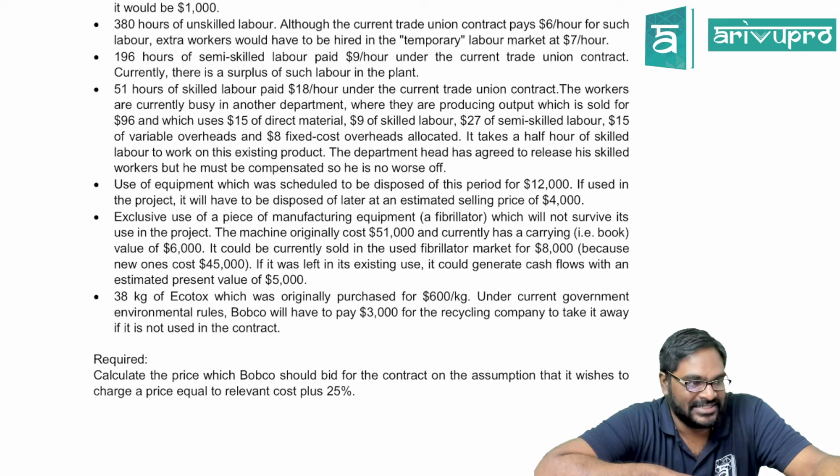No, right? Cost is sunk cost. Carrying value is the accounting value. It could currently be sold at 6,000, and if it was left in its existing use, it could generate cash flows with an estimated present value of 5,000.